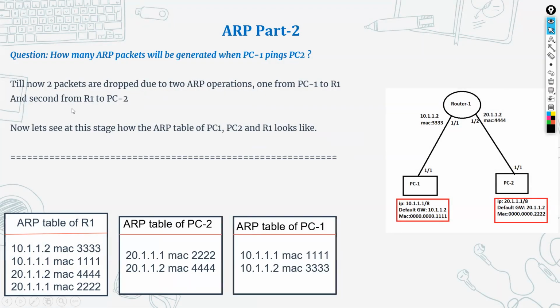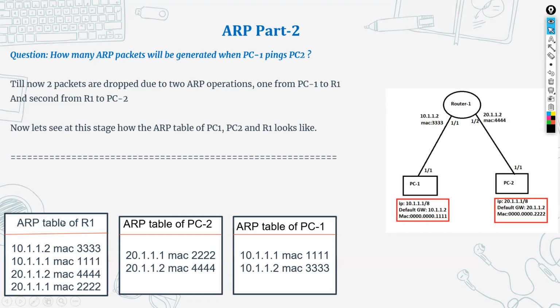So till now, there are two packets that are dropped. One was when PC1 did the ARP for the gateway, so from PC1 to R1, and now router 1 did the ARP, right? So now two packets are dropped till now. And now you can see these tables.